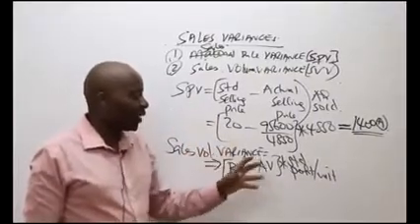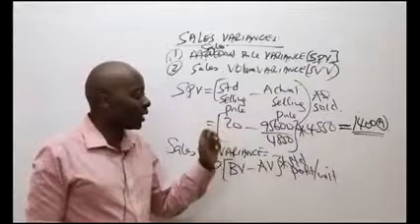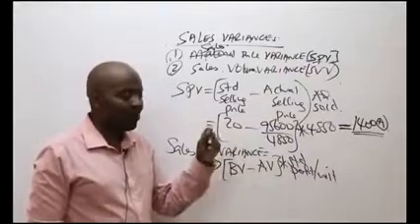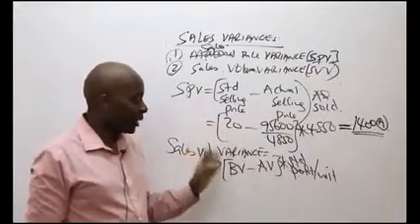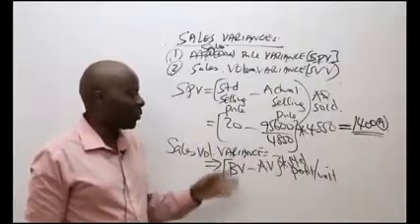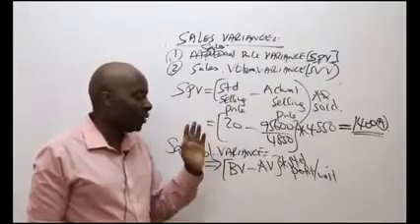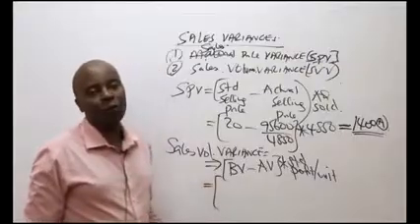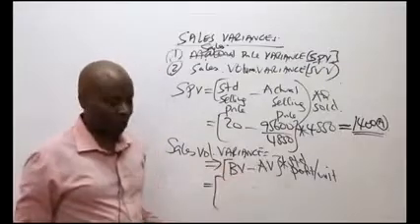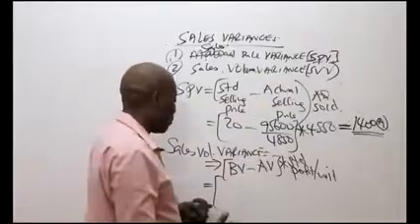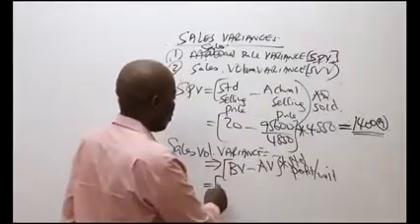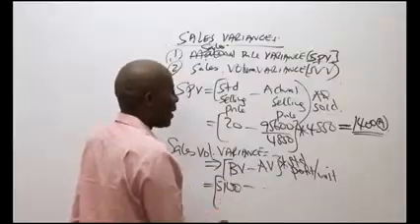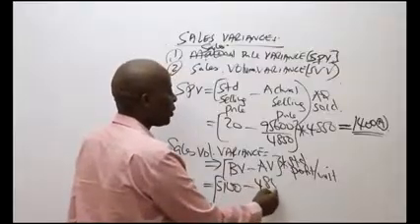This is a funny one because outside here we have the standard profit per unit. So we have budgeted volume minus actual volume times standard profit per unit. The volume we were planning to produce was 5,100 minus the actual volume, which is 4,850.